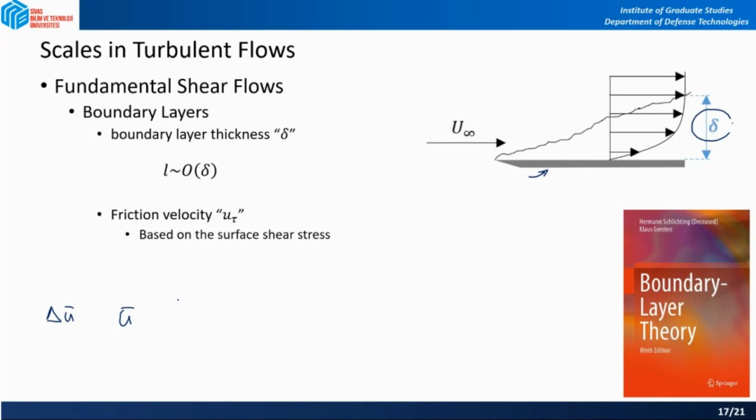For example, you define the friction velocity U tau, which is based on the surface shear stress. So fluctuations within the boundary layer scale more with this velocity than with your mean U bar velocity.